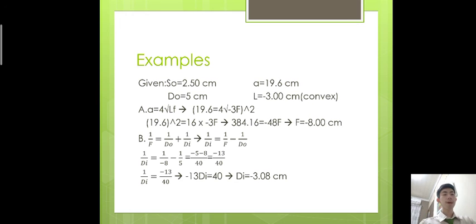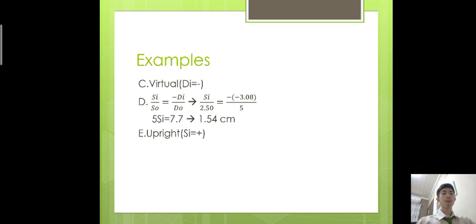We cross multiply. Negative 13 Di is equal to 40. Di is equal to 40 divided by negative 13, which is equal to negative 3.08 centimeter. C, it's virtual because the distance of the image is negative.